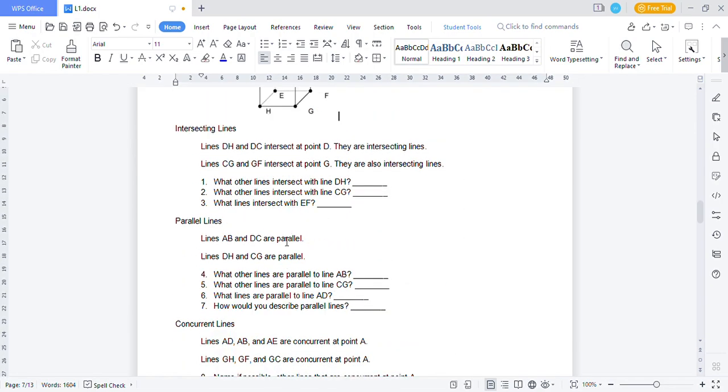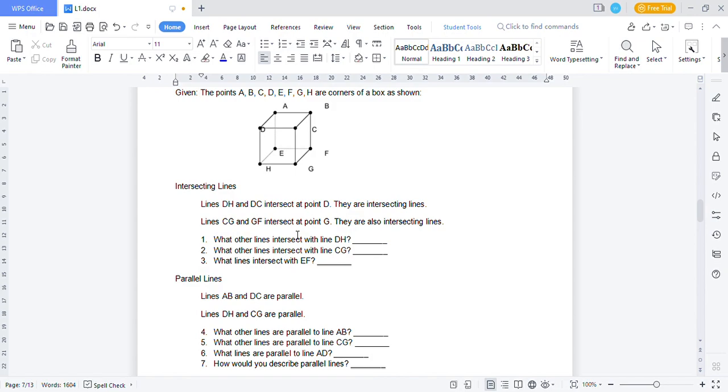Okay, now for parallel lines. When we talk about parallel lines, these are lines that never meet. Intersecting lines are lines that at some point meet or intersect. For parallel lines, these are lines that do not intersect, or lines that do not meet each other. For example, we have line AB, this line AB here, and line DC.